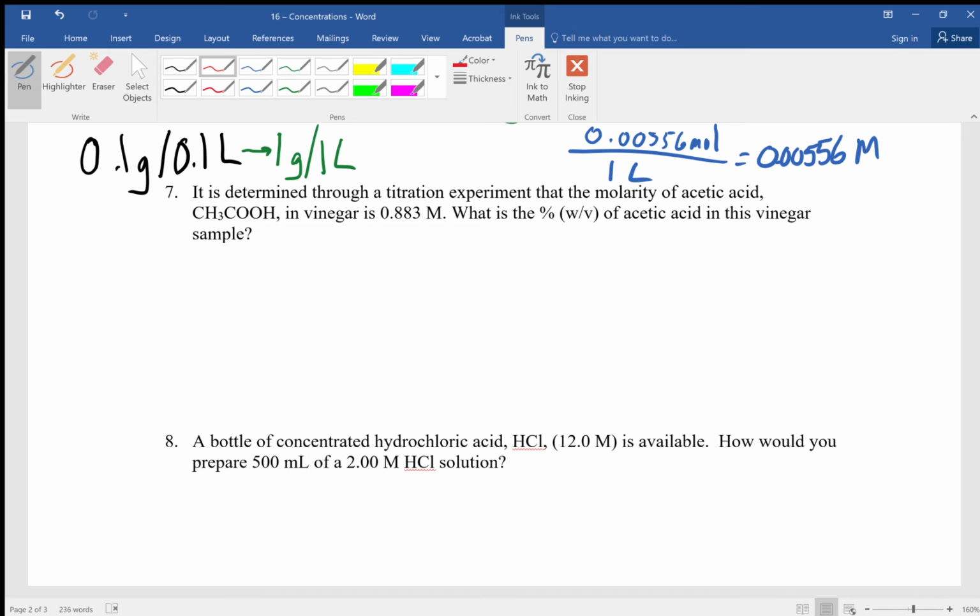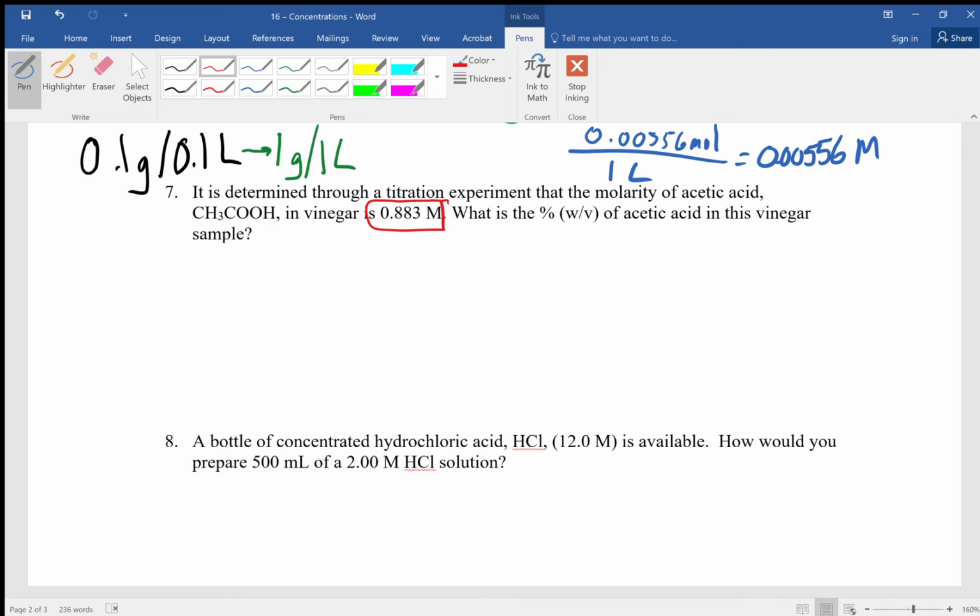All right, question 7. We now have a situation where we're given a concentration. And I want to know what the percentage is. And this experiment is one that you can actually fairly easily do in the lab.